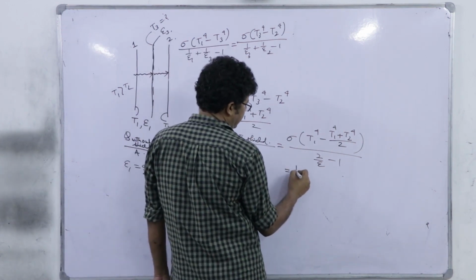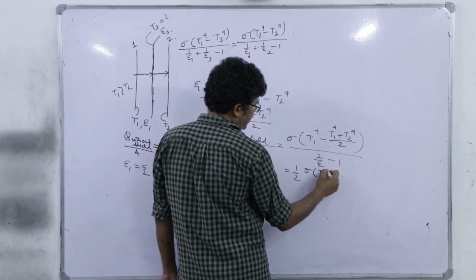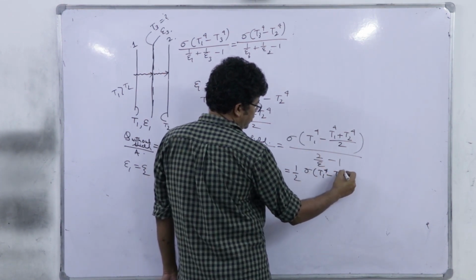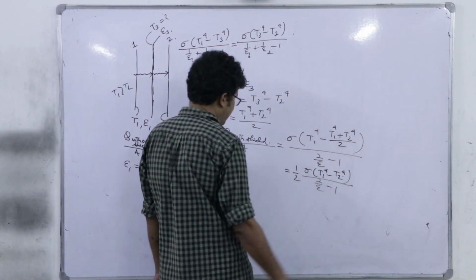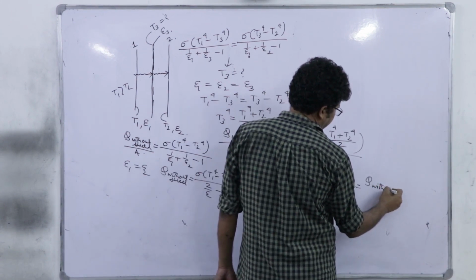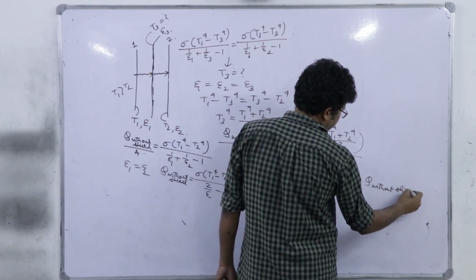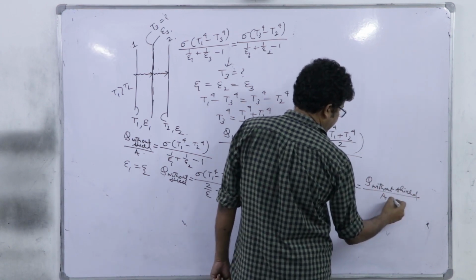So we get half into sigma into T1 to the power 4 minus T2 to the power 4 divided by 2 by epsilon minus 1, which is basically Q without shield by area, divided by 2, right.